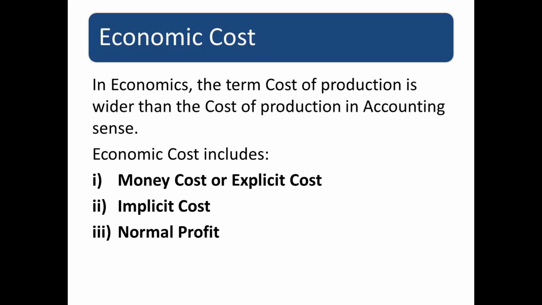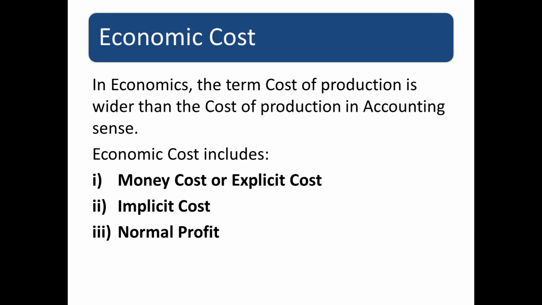So that becomes slightly confusing for new students. They say, how can the profit be part of the economic cost? Because it is a fixed cost. It is the minimum reward the producer expects, without which he'll not run the business. So when we say there is a cost, there are two types of cost. One is called fixed cost, other is called variable cost, as we have done in chapter 7, law of variable proportions.